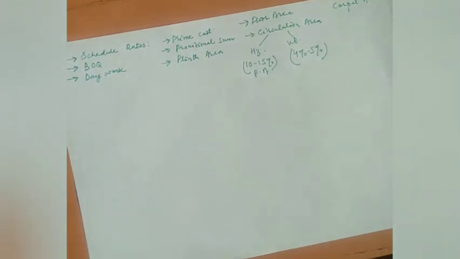Then we discussed some basic terms, some basic charges which need to be included in our estimate, and then we talked about some basic terms which a civil engineer, or at least a quantity surveyor, should know about, like the schedule rates, bill of quantity, day work, prime cost, provisional sum, plinth area, floor area, circulation area, carpet area.